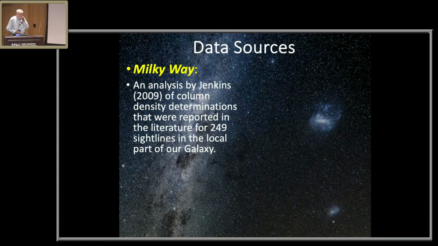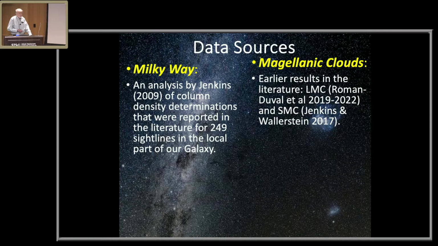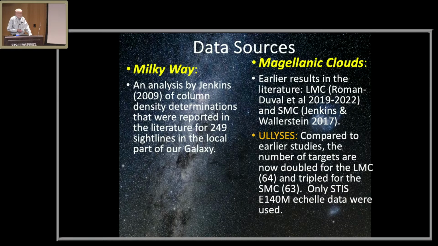Well, I did a study back in 2009 characterizing the pattern of dust depletions in our own galaxy. Later, there were some smaller studies of the LMC and the SMC, and now with the Ulysses data, we can expand that sample by a significant amount.